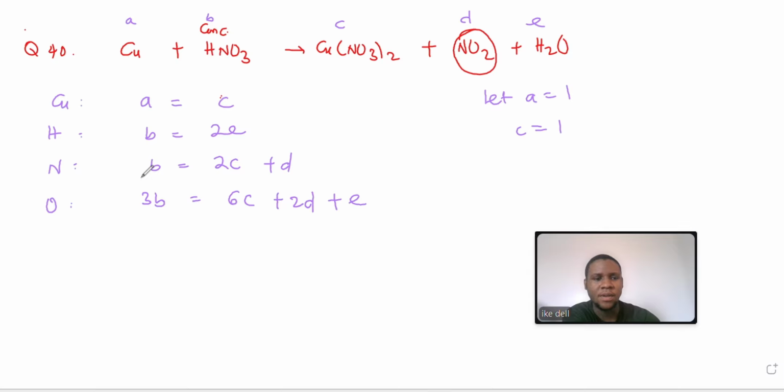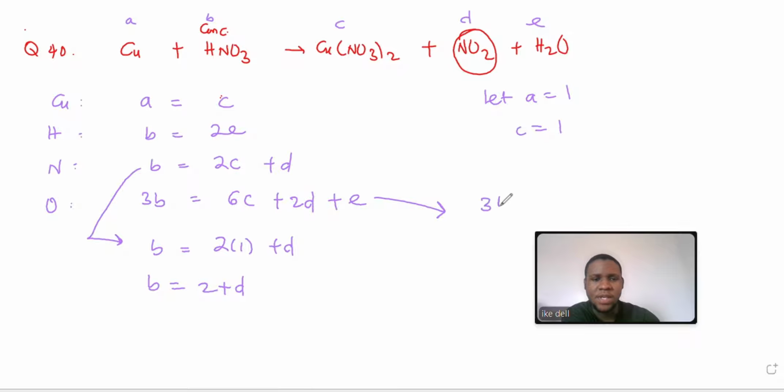Okay, I've gotten that. Then using this right here, C is already 1 now, so I can say B is equal to 2 plus D, and B is 2E, right? Let me try to use this over here, simplifying that.